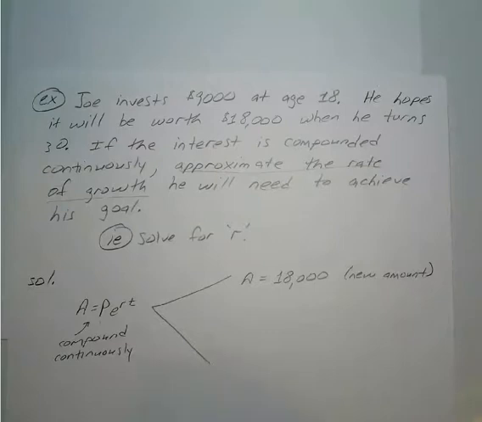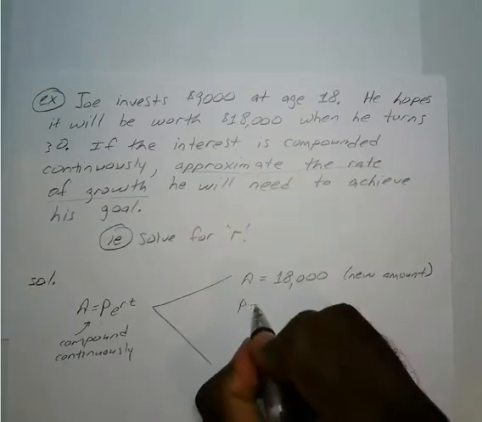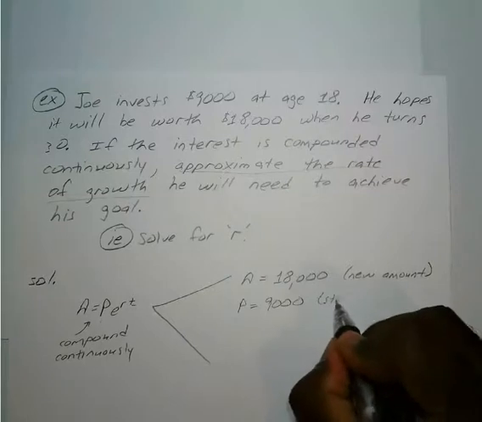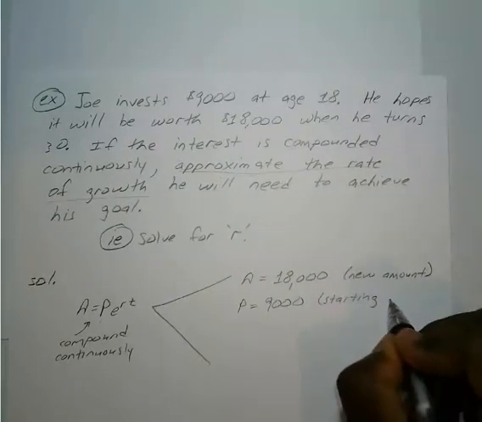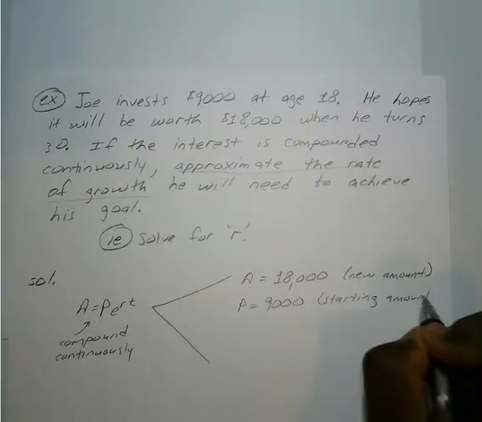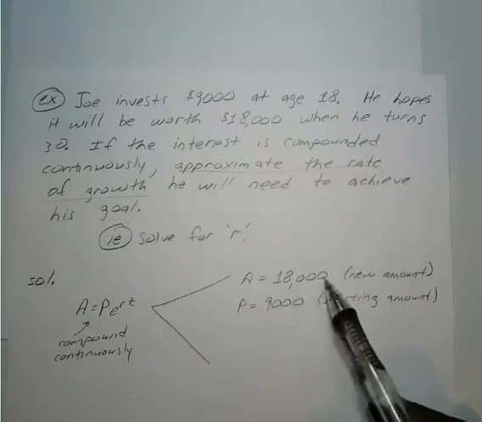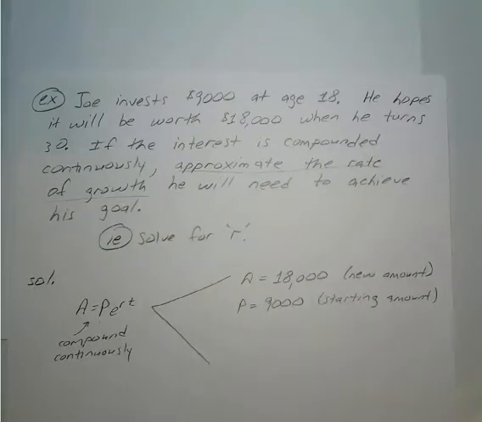That's your starting amount. So the principal is $9,000. That's the amount he started with, and $18,000 is the amount he wants to finish with, your new or final amount.